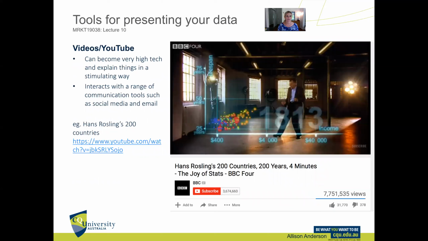All right, okay, so videos and YouTube is another way that you can present your data. It can be very high-tech and explain things in a stimulating way. I really encourage you to have a look at this. I find this really quite cool. This is Hans Rosling showing, I think it's the 20th century, and it's 200 countries.